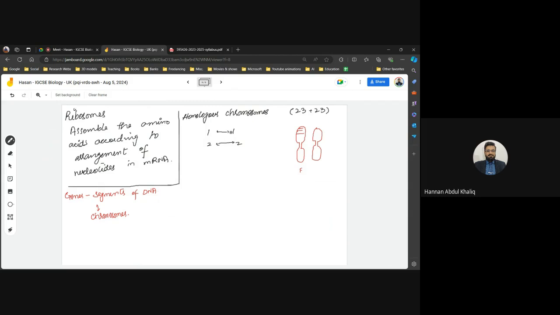Every gene, now very important concepts are coming, has a dedicated position which no other gene can occupy.